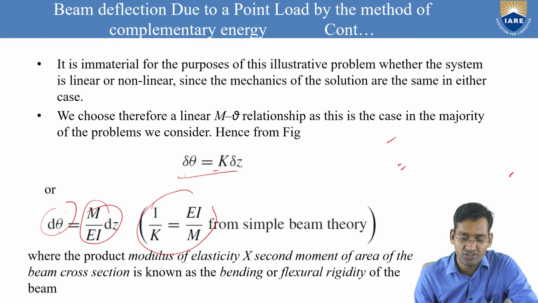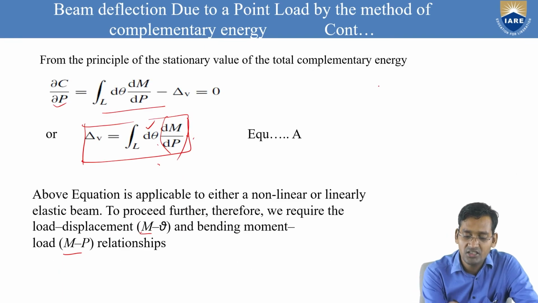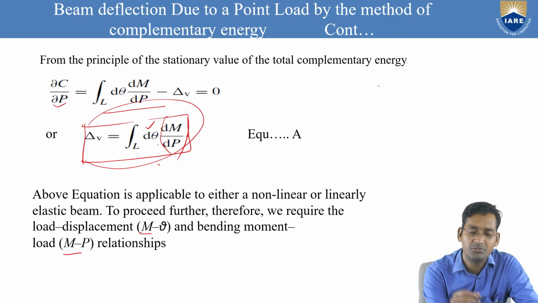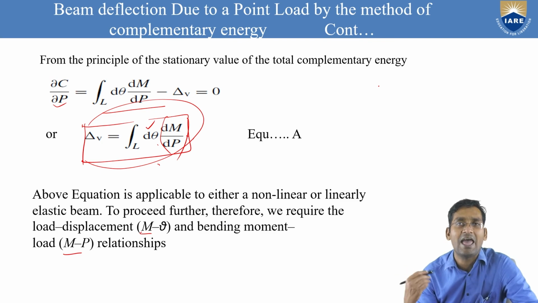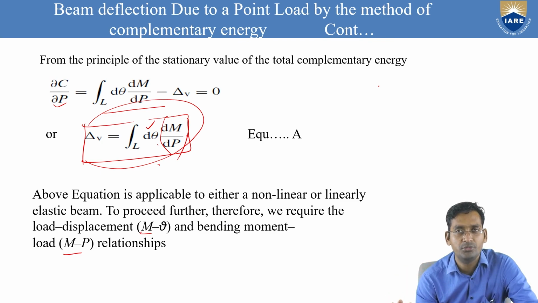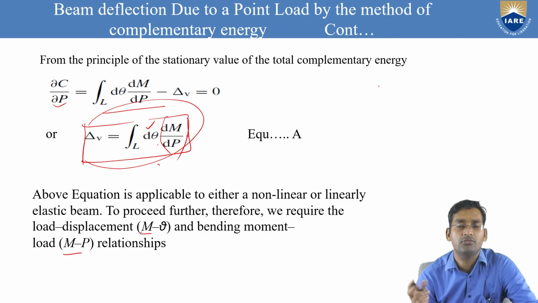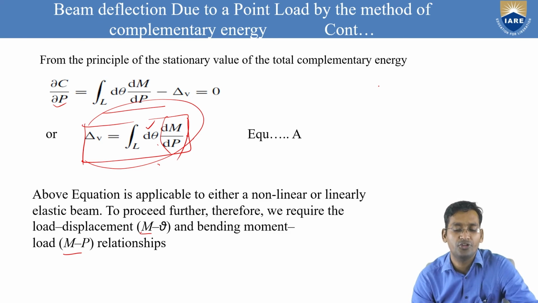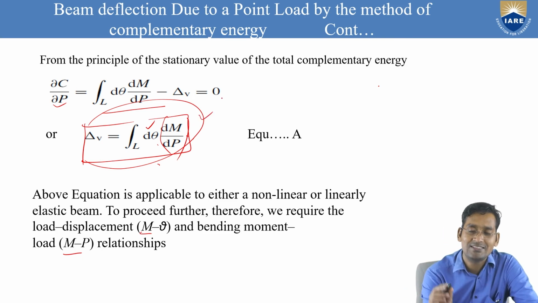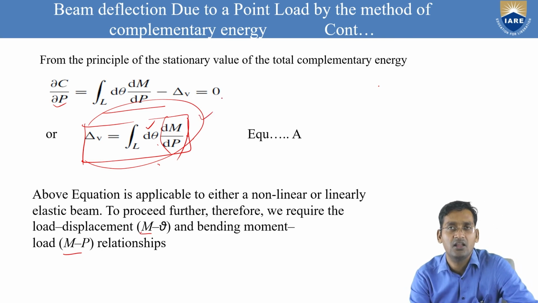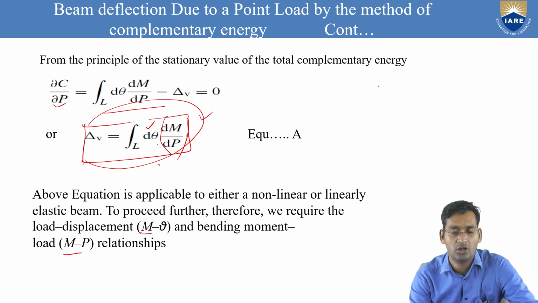Here you first have to differentiate with respect to P, then set it to 0 for equilibrium to get the delta value, and change d theta and find dm, whatever the moment is. So this one is slightly easier compared to the normal question that we studied in mechanics of solids and aerospace structures.